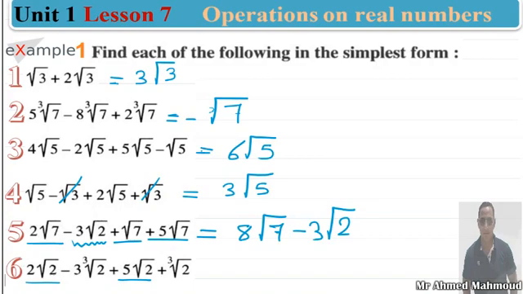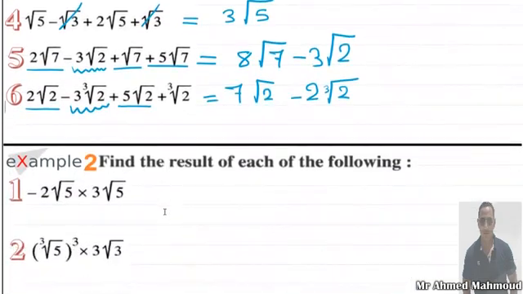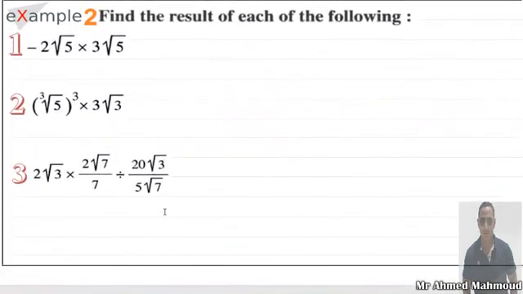I'm going to collect the like numbers. 2 root 2 plus 5 root 2 equals 7 square root 2, and negative 3 cubic root 2 plus 1 cubic root 2, negative 3 plus 1 equals negative 2 cubic root 2. And this is the addition. Let's solve the next example.